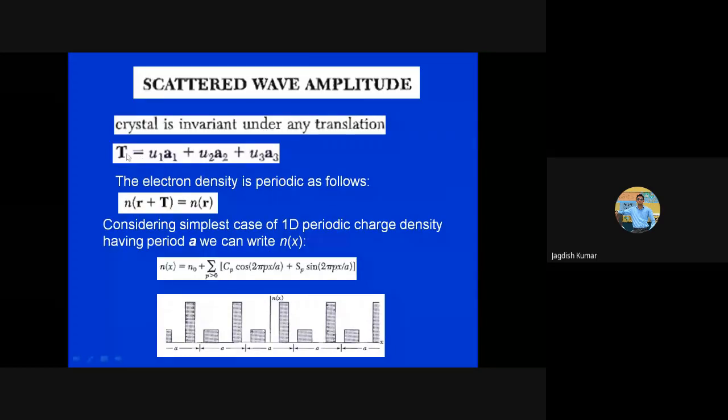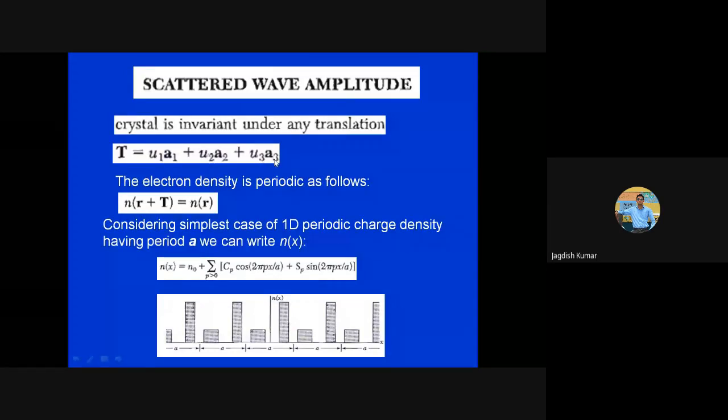So in real space lattice, the periodicity, or what we can call the translational periodicity, was given by this equation, this translation vector, where u1, u2, u3 are some integers and a1, a2, a3 are the lattice vectors in the real space.